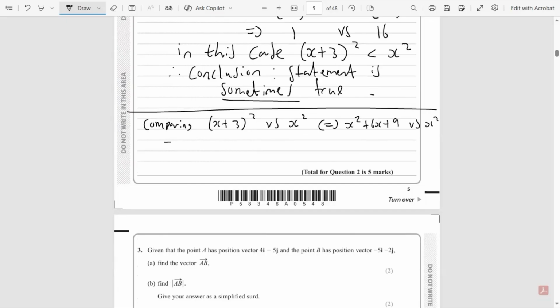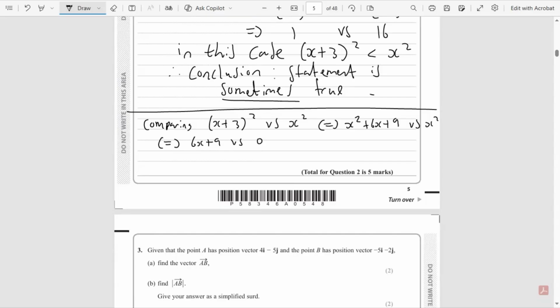Now, what you can do is remove the x squared on both sides of that comparison. So that then gives you 6x plus 9 versus 0. So then the question becomes, is 6x plus 9 always bigger than 0, or always less than 0, or sometimes bigger than 0, sometimes less than 0?